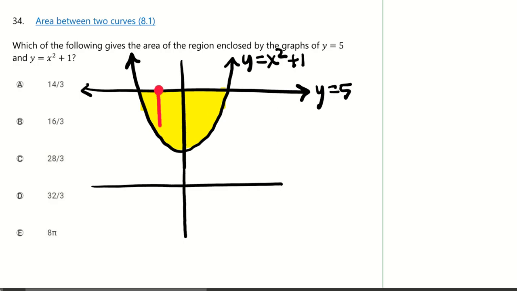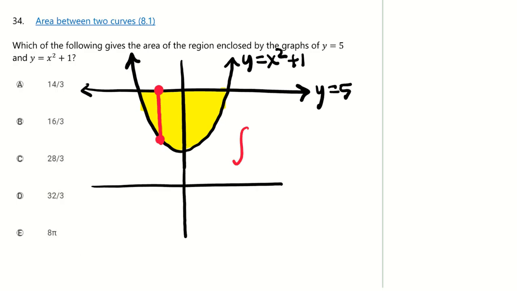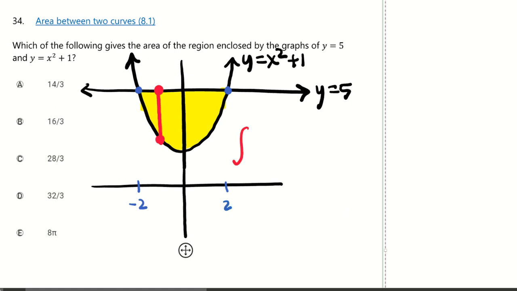And what we're going to do is take a little representative rectangle, and we're going to be adding up top minus bottom. So I'm going to integrate as x runs from, we're going to have to find out these x coordinates right here, but I don't think it should be too hard because I'm setting x squared plus 1 equals 5. That's where x squared equals 4. This is negative 2 and 2.